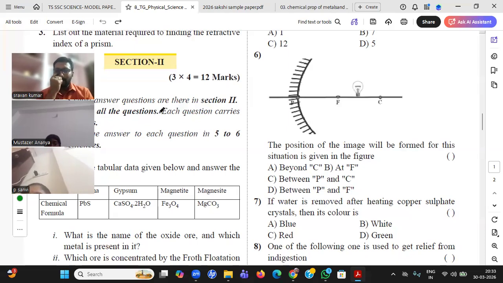In concave mirror, what all happens? Let me see the answers now. Very good, Sanvi.